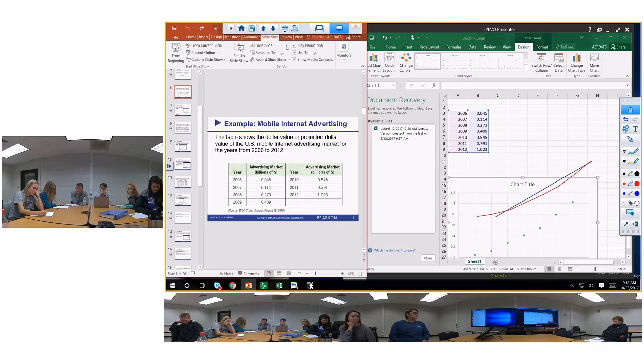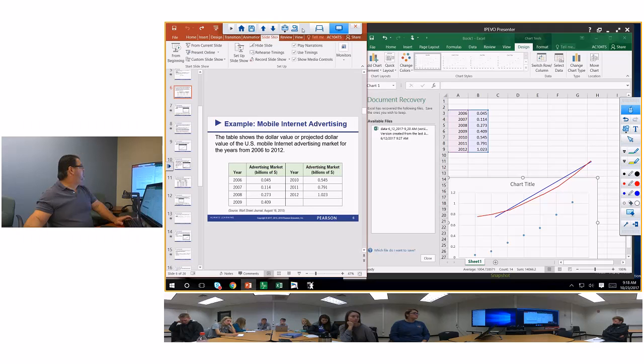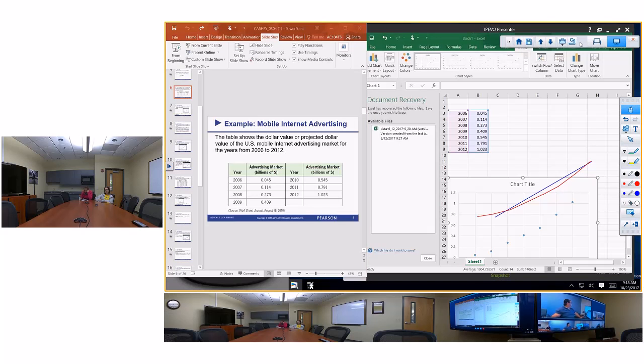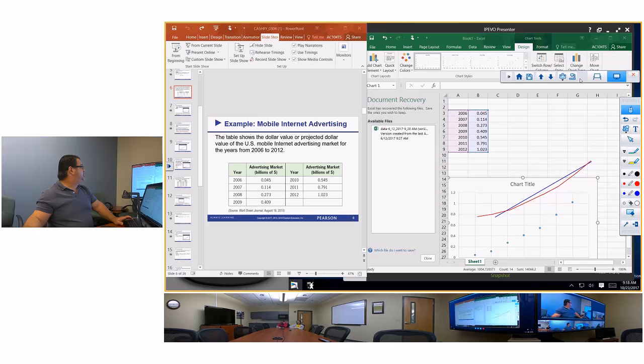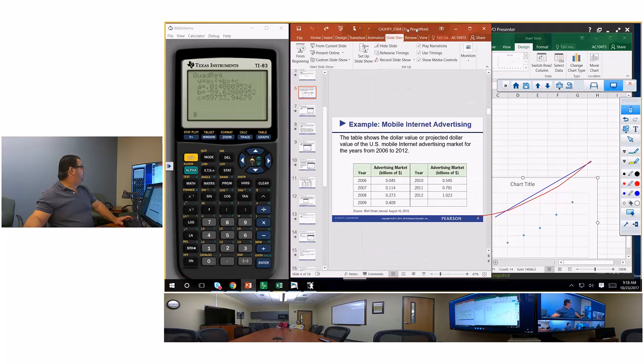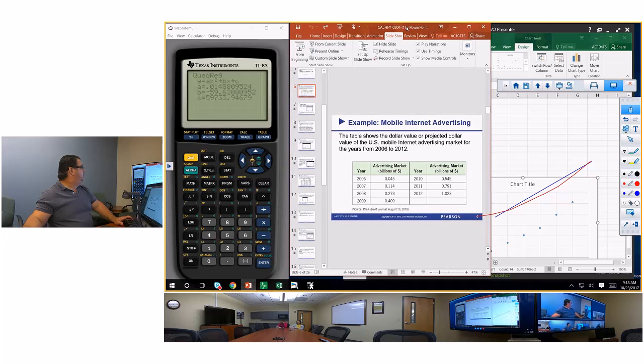See, I need to move this over here. And then move this over here. Okay, so we've got these points. And we know what the graph looks like. The graph looks like these blue dots right here. So we know it's nonlinear.